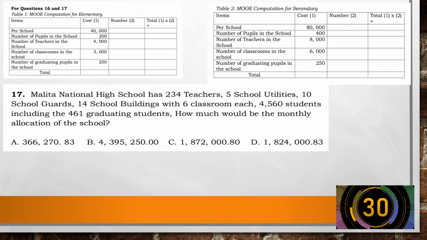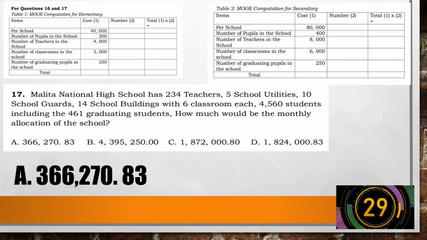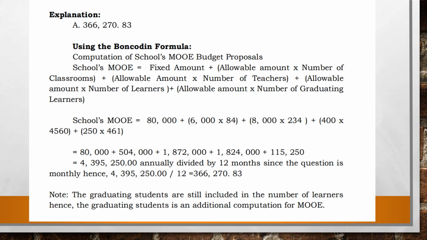Okay, time is up. The correct answer is letter A, 366,270.83. Okay, using again the Bone-Codin formula, the fixed amount allocated each school is 80,000 pesos. So we have 80,000 pesos. And for the allocation, tingnan natin dito yung highlighter. The allocation for each classroom is 6,000 pesos each classroom.